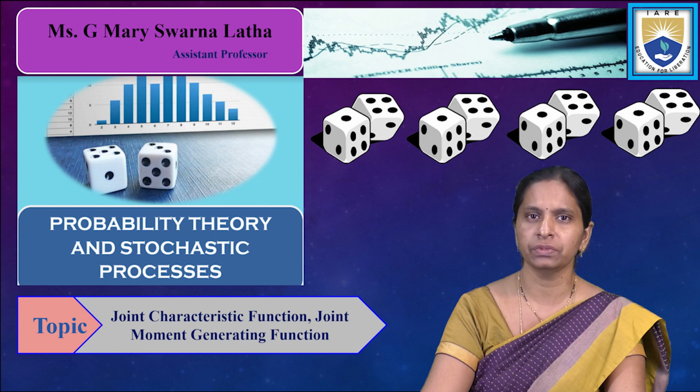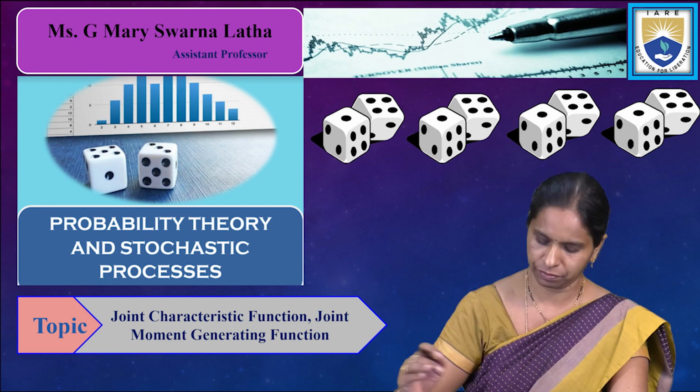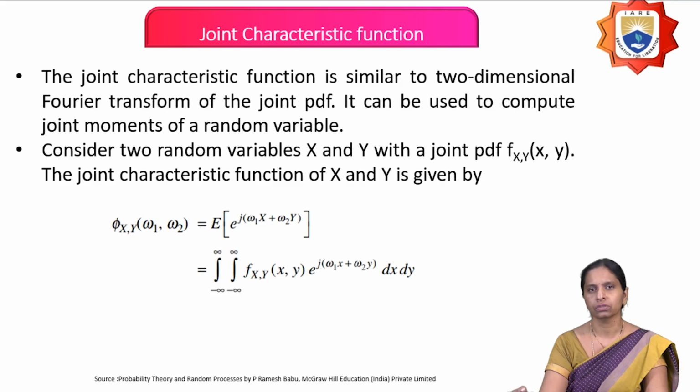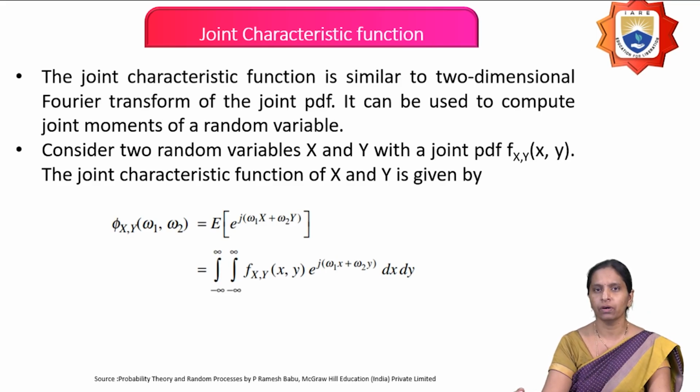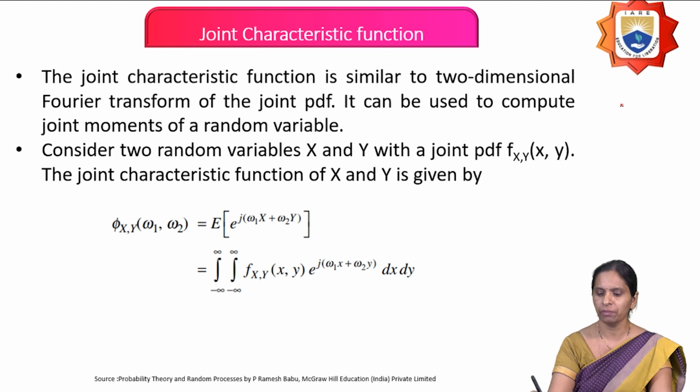In today's lecture, we are going to discuss the joint characteristic function and the joint moment generating function. In the previous lectures, we have studied the characteristic function of a single random variable x. The characteristic function of that random variable has been denoted by phi x of omega.